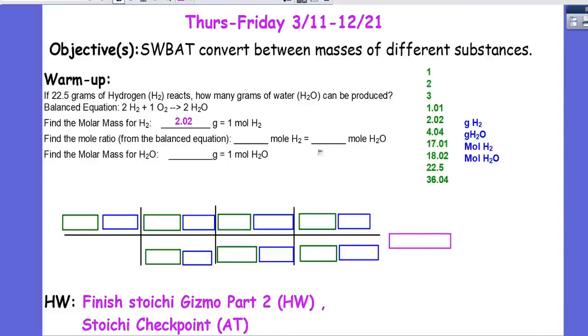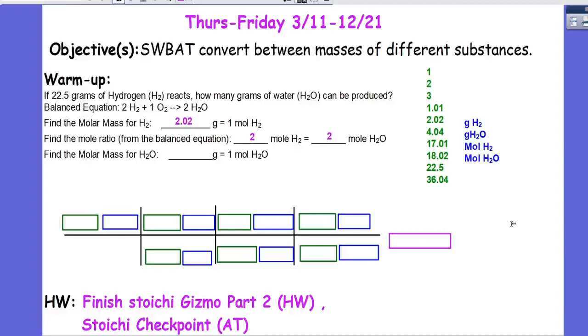Well, if I look at my equation, I have a 2 in front of my H2. So 2 moles of H2 are equal to, there's another 2 coefficient in front of my H2O. So 2 moles of H2 are equal to 2 moles of H2O.